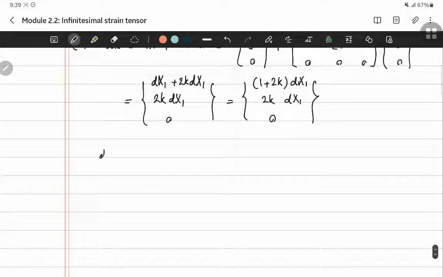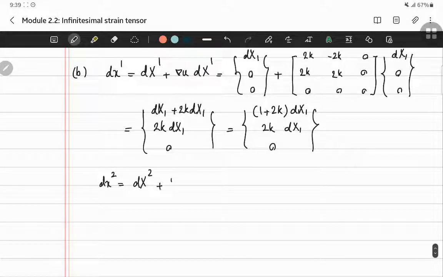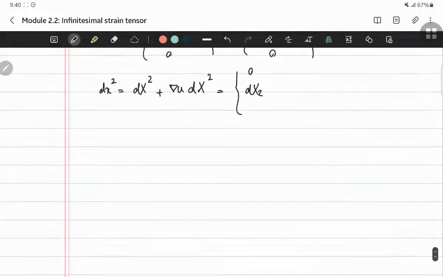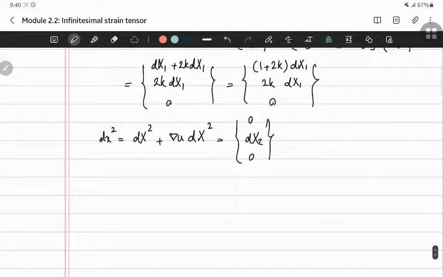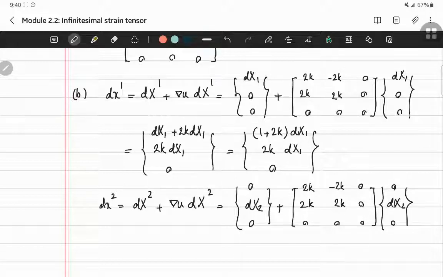So if I do the same for dx2, I have dX2 plus del u dx2, which is equal to, so I have 0 dx2, you can see it here, it only has the e2 component, plus this is 2k, minus 2k, 0, 2k, 2k, 0, 0, 0, 0, and this is 0 dx2, 0.